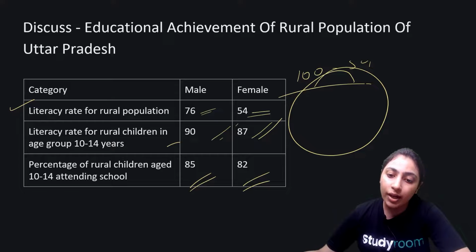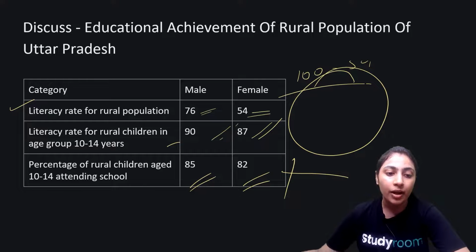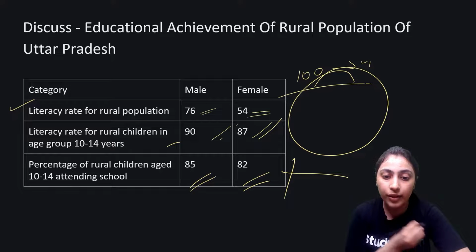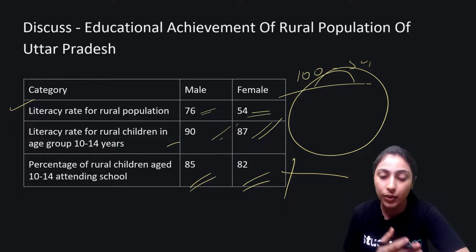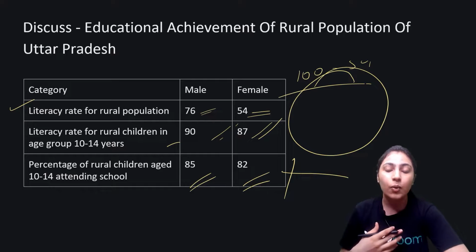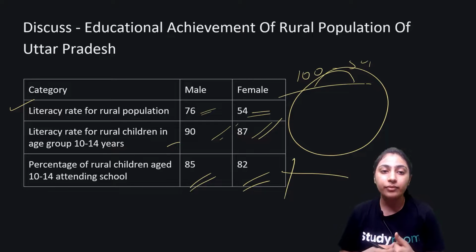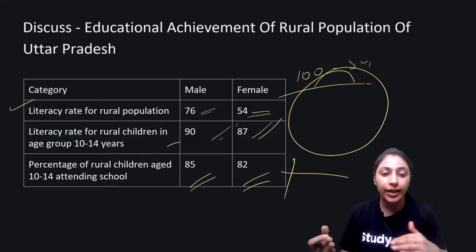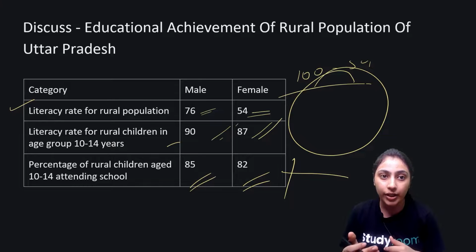Now a question can come to you on any aspect out of these three: what is the percentage of females that are attending school, what is the percentage of females that are not educated, or that are educated, what is the number of females that are attending school, educated, and also in the age group of 10 to 14.